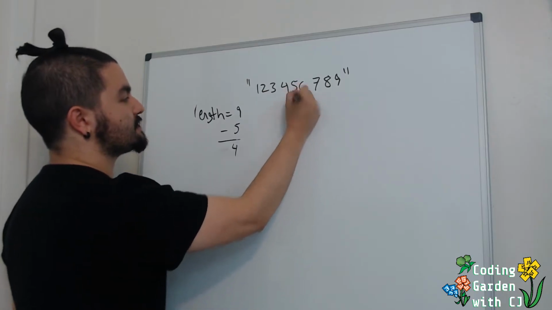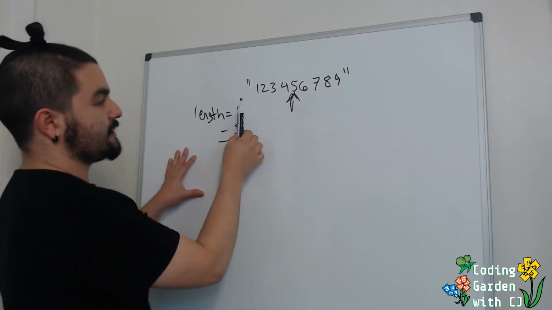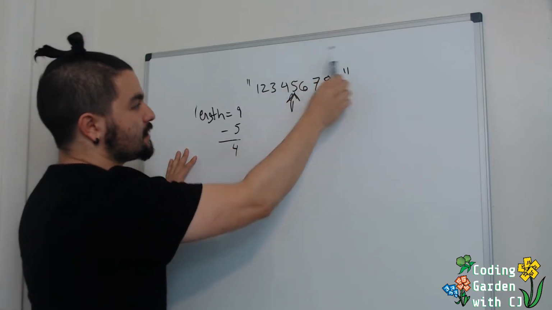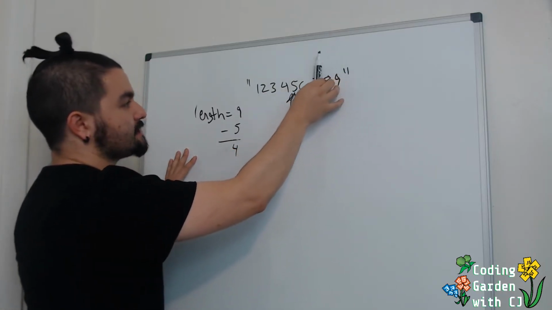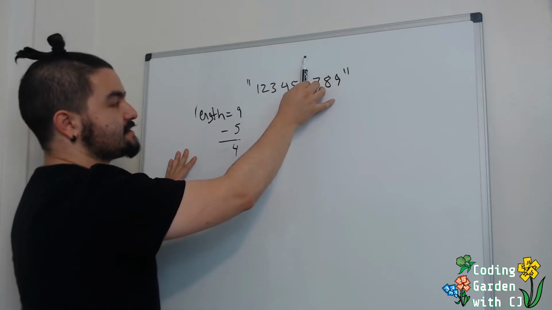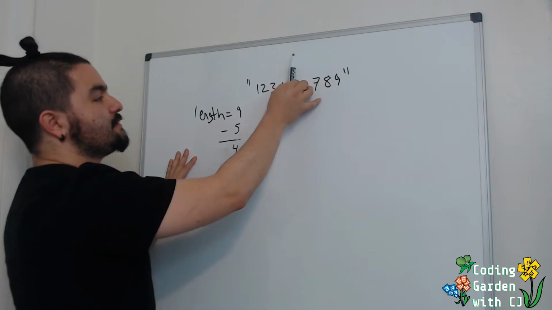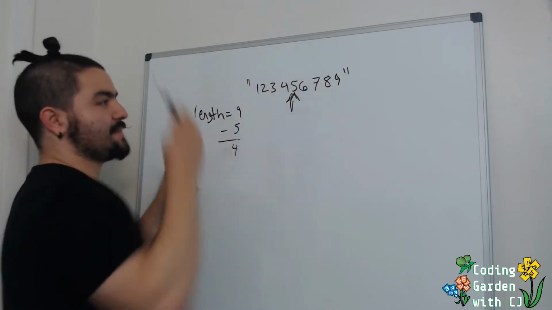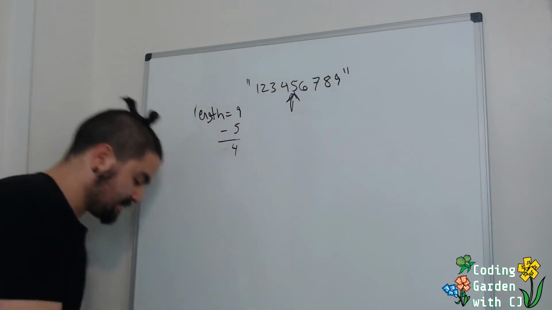So this is where we want to start the mask. This will be index 9, 8, 7, 6, and that's not less than 5. But then when the index is 5, that's not less than 5, so we do mask. That's what we want.